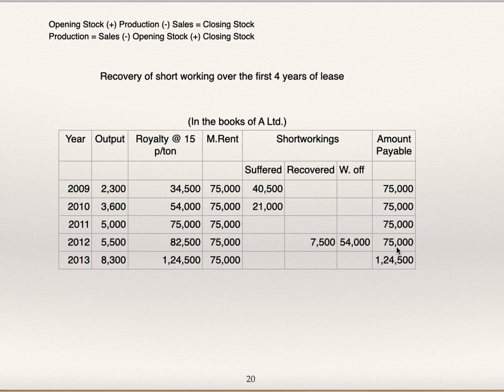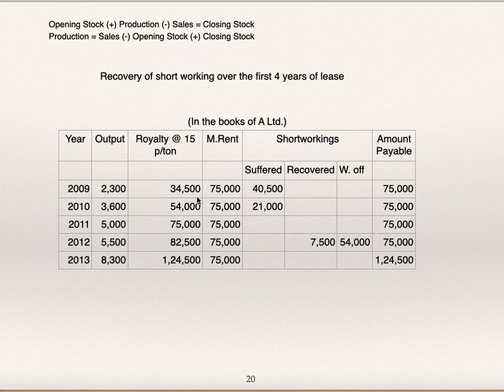Amount payable is 75,000, royalty or minimum rent, whichever is more, subject to recovery of short working. So 82,500, royalty is more, minus 7,500 recovery, so 75,000. Next year, royalty is more, there is no question of recovery, so the same amount is payable, which is 1,24,500.